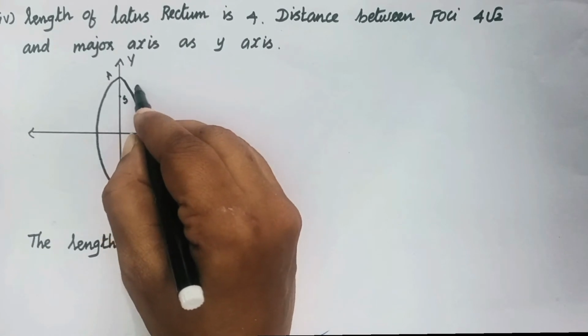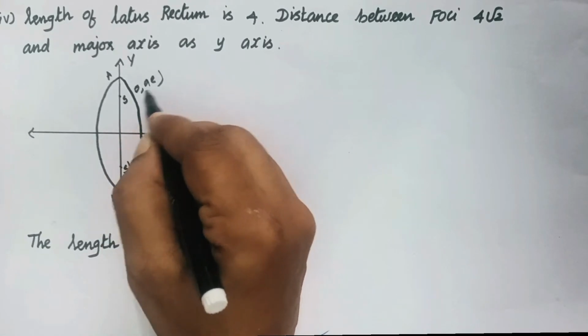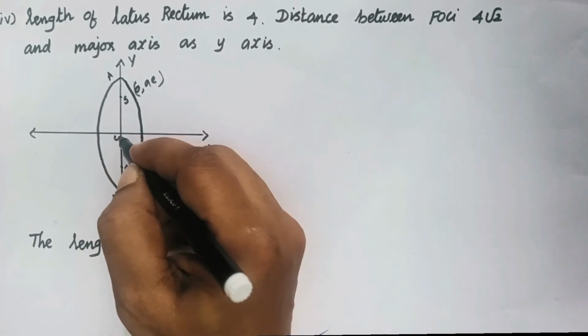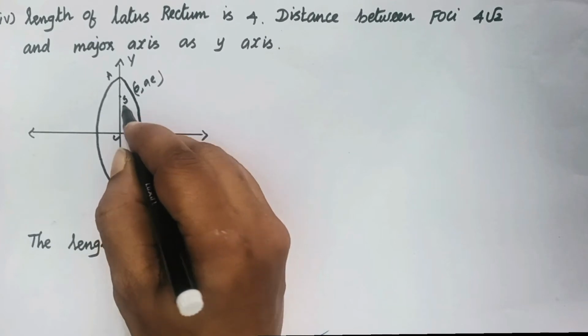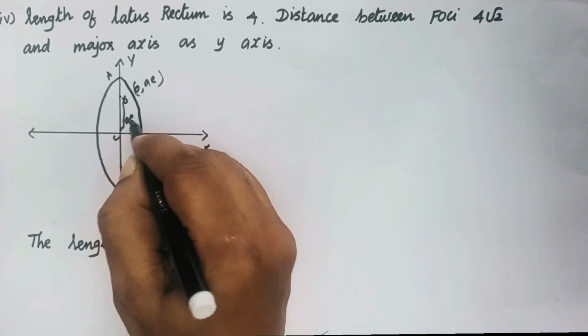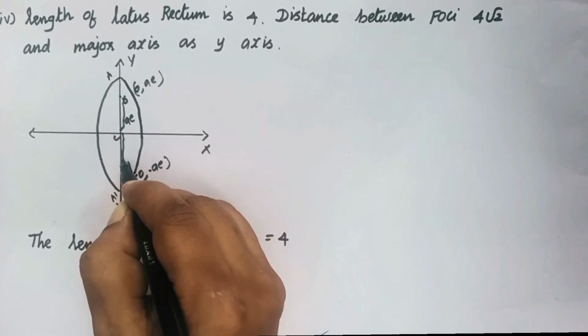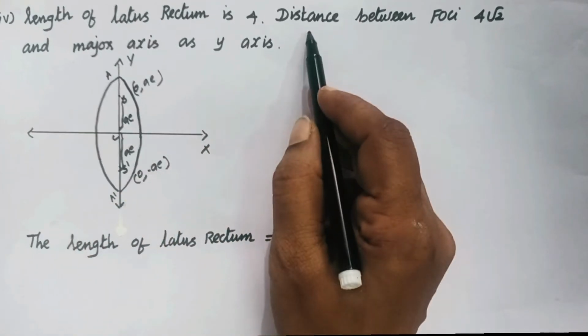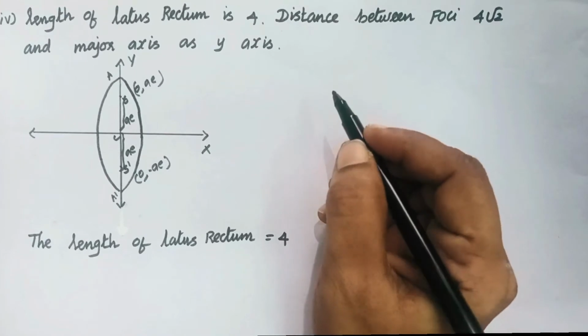We know that it is an ellipse along the y-axis. Therefore, the focus points will be 0, ae and S dash is 0, minus ae. Therefore, the distance from the center to the focus is clearly ae. Similarly, C to S dash is also ae. Here, they gave that the distance between the foci is 4 root 2.